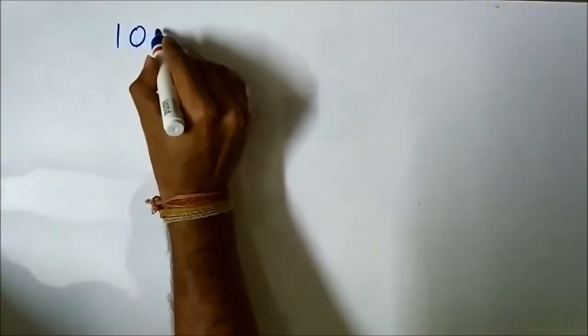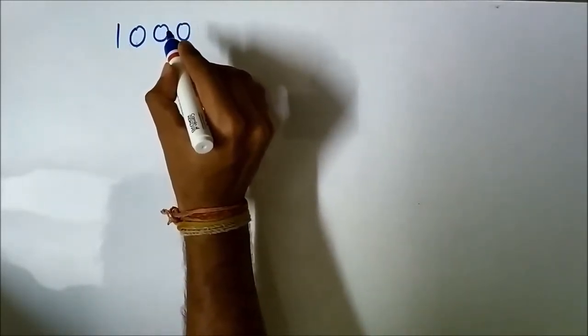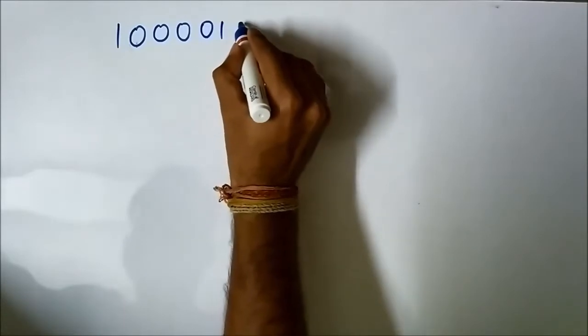Let us take an example. Let's say we have been given a BCD code as 1 0 0 0 0 1 1 0.